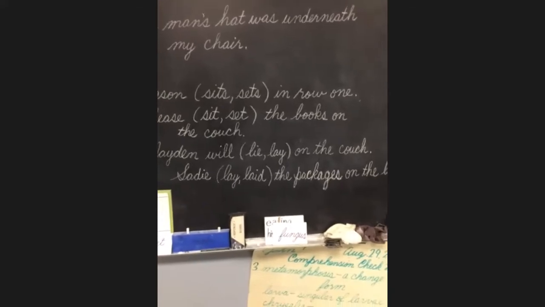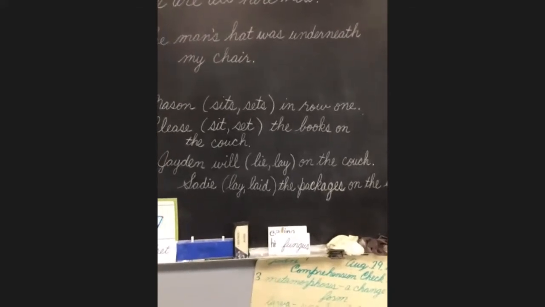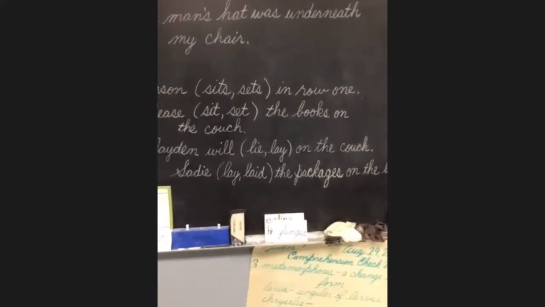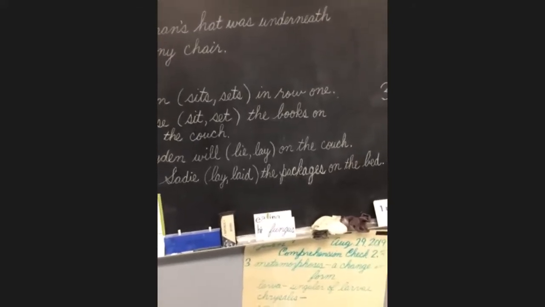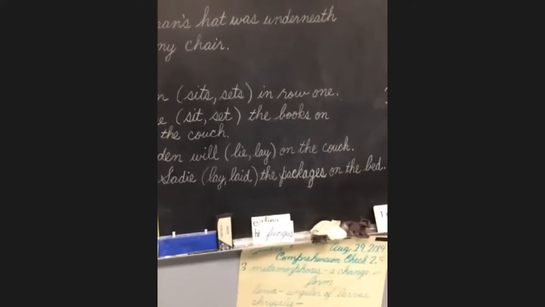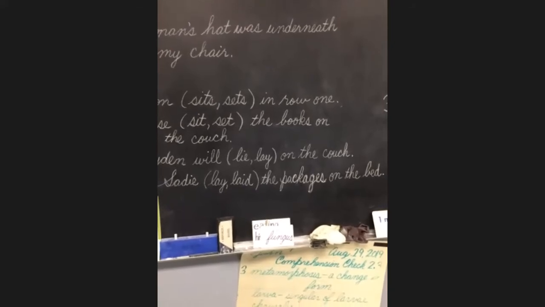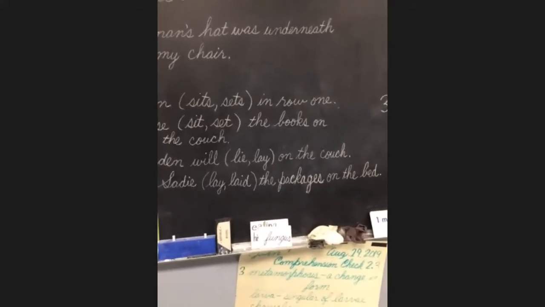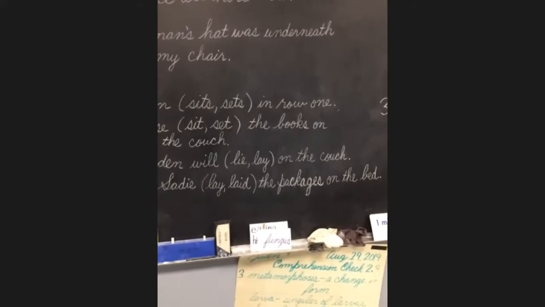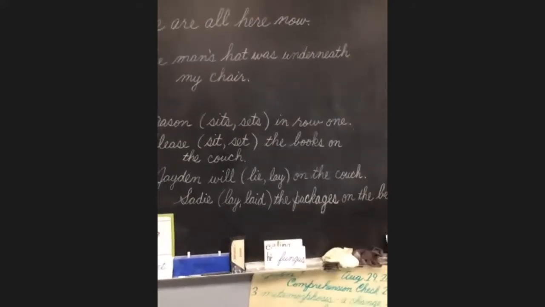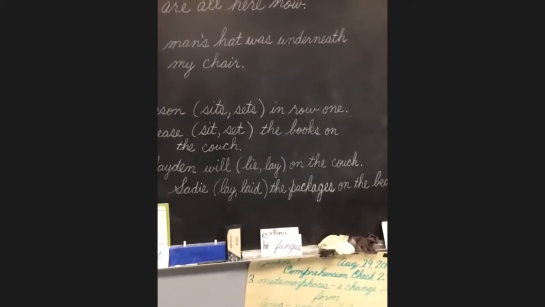Not lay. That's only past tense. Sadie lay the packages on the bed, or Sadie laid the packages on the bed. Last sentence. Did you say laid? If you did, give yourself a pat on the back. Super job. Did you do that?